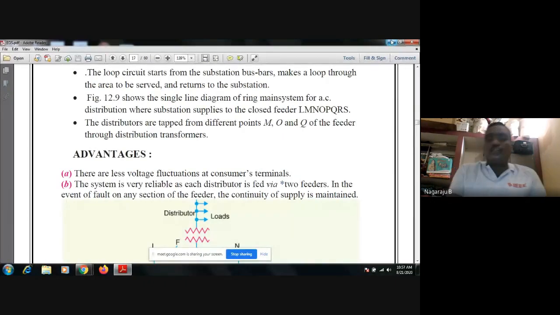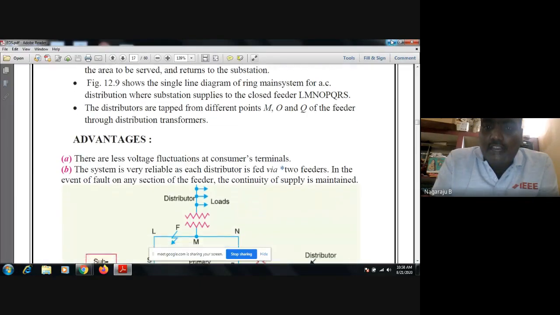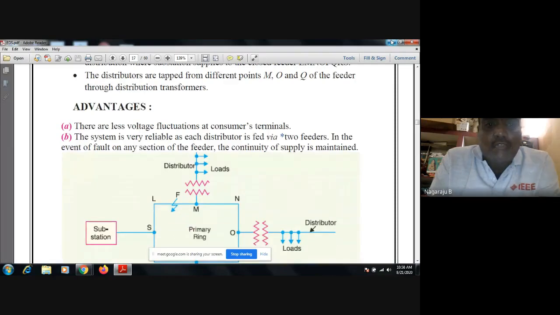When one feeder has a fault, automatically you have another power supply from the other feeder. In the event of a fault on any section of the feeder, the continuity of supply is maintained. If LM has a fault, you have another M and N connection.